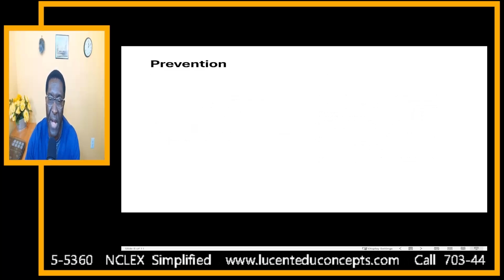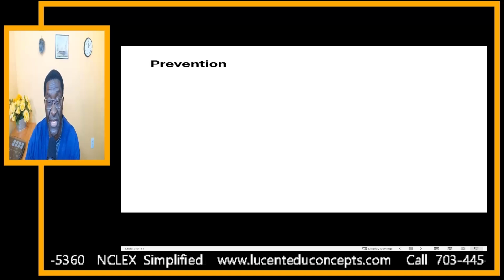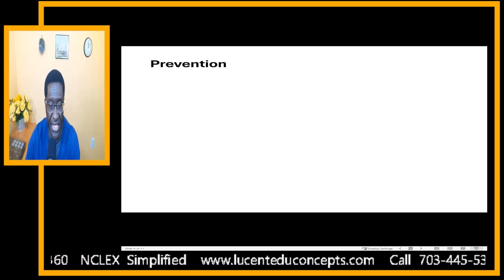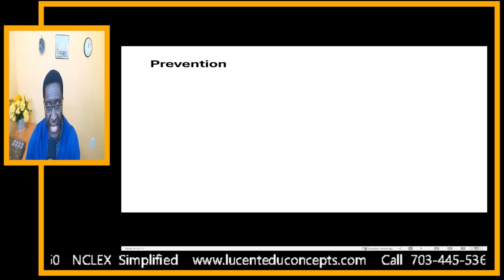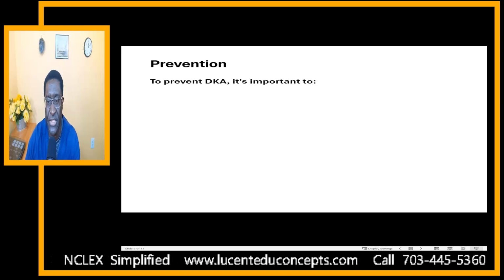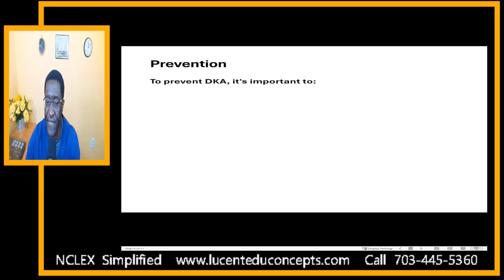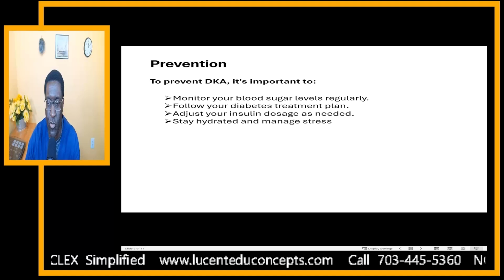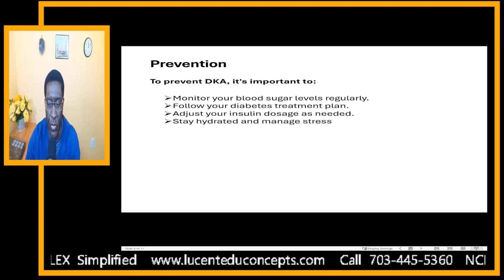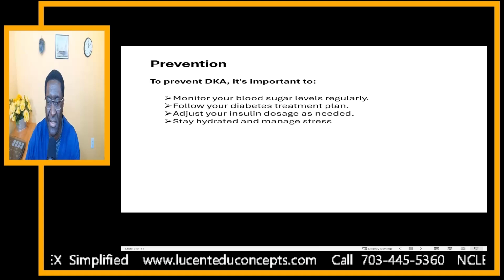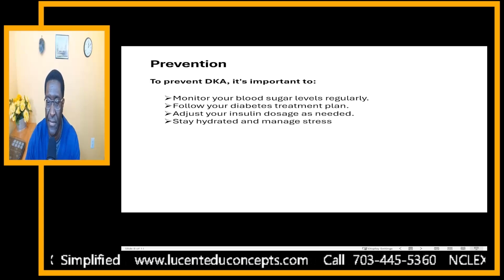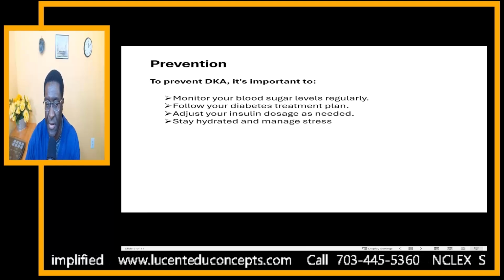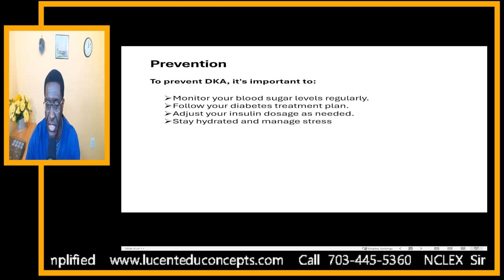So let's go straight and talk about prevention. This is where nursing care comes in. You are the nurse, taking care of a patient with DKA, taking care of a patient with HHS. What do you do? To prevent DKA, it's very important to monitor the patient's blood sugar levels regularly, follow the diabetic treatment plan, adjust insulin dosage as needed, and the patient needs to stay hydrated and manage stress, because stress is a vasoconstrictor.